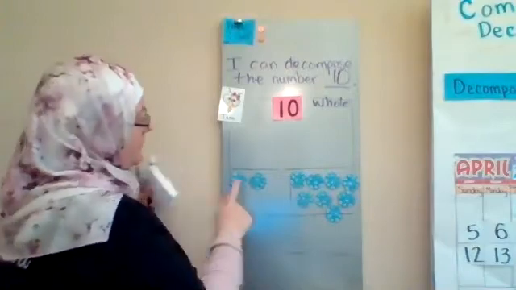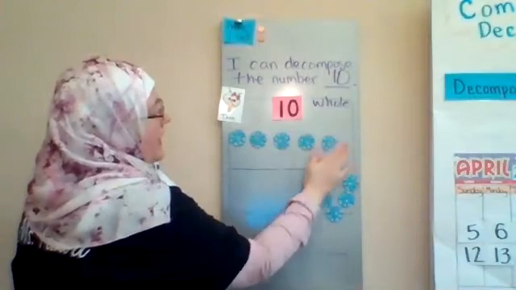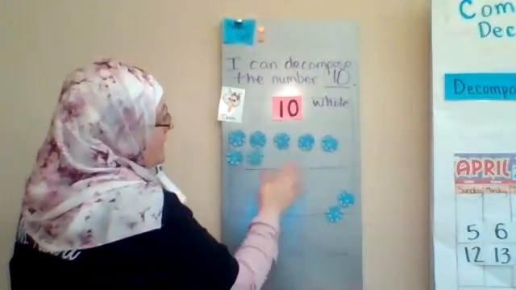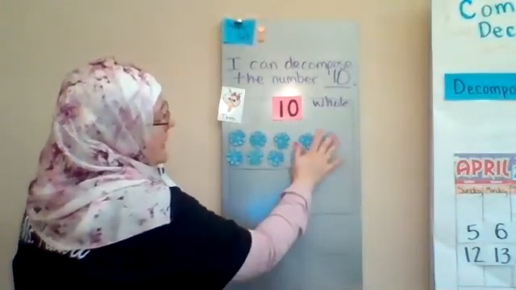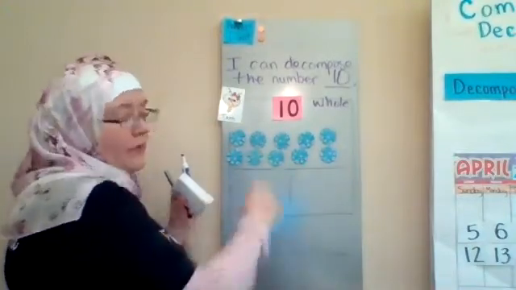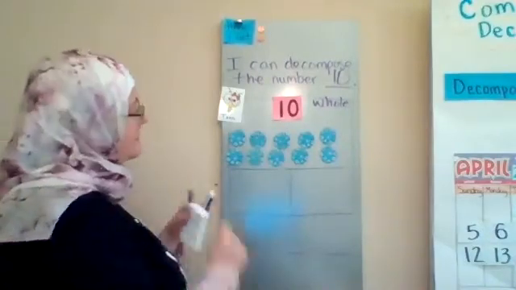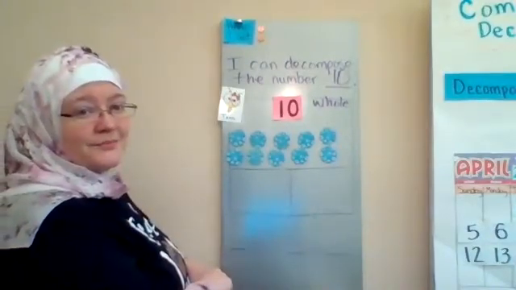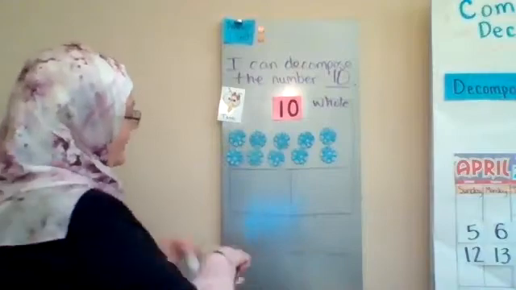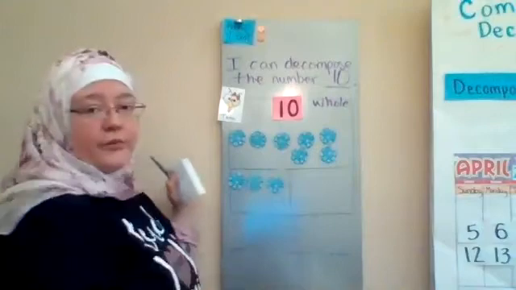Let's put them back. 1, 2, 3, 4, 5, 6, 7, 8, 9, 10. Even though we move them all around, we keep our whole number each time and we go back to 10. What would come after 2? That's right, 3.